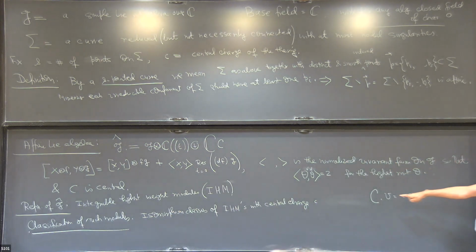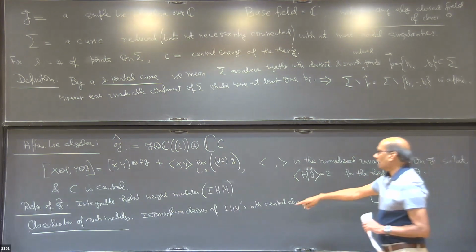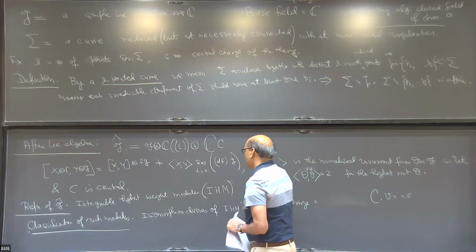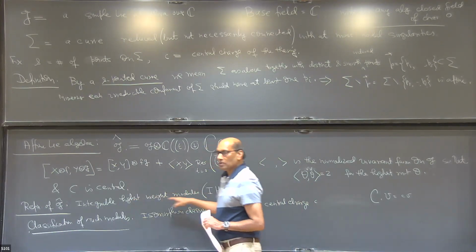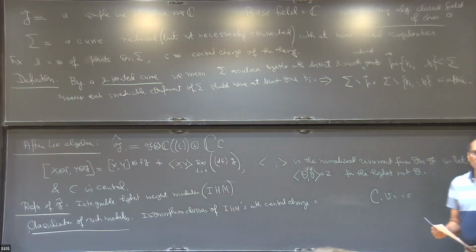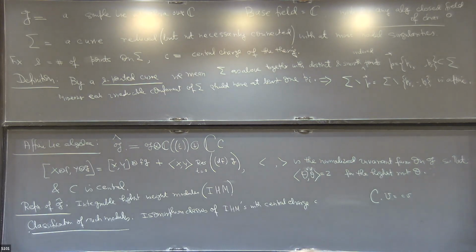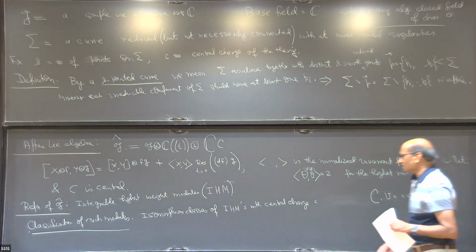Now C is a central element in the Lie algebra, and this is a highest weight integrable module. So first of all, it's already irreducible because it's integrable and highest weight. I will say something more about that next time.